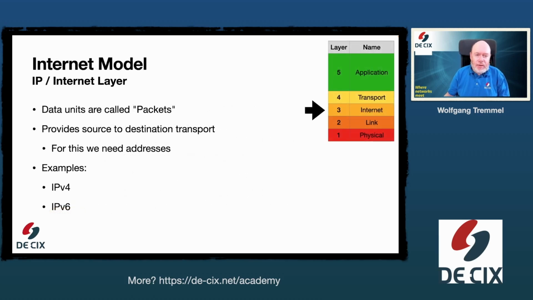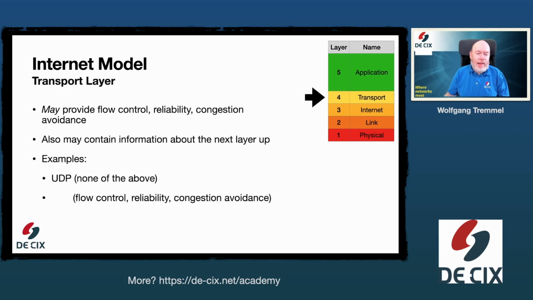Remind you about the internet layer model. We have layer 3, that's the IP layer or internet layer, where we have the protocols IPv4 and IPv6. One up on layer 4, the transport layer, we do have UDP and TCP.